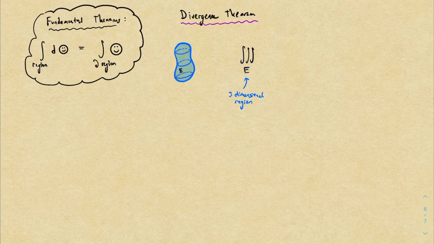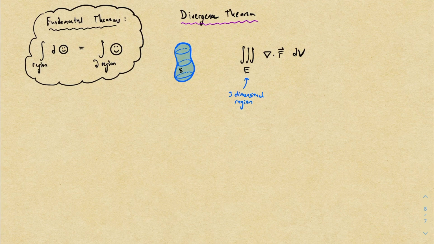And then in the integrand, surprise, is the divergence of a vector field. So in this theorem, the div is the divergence of a vector field F. The divergence operator is acting like the derivative. And that's the left-hand side of the theorem.